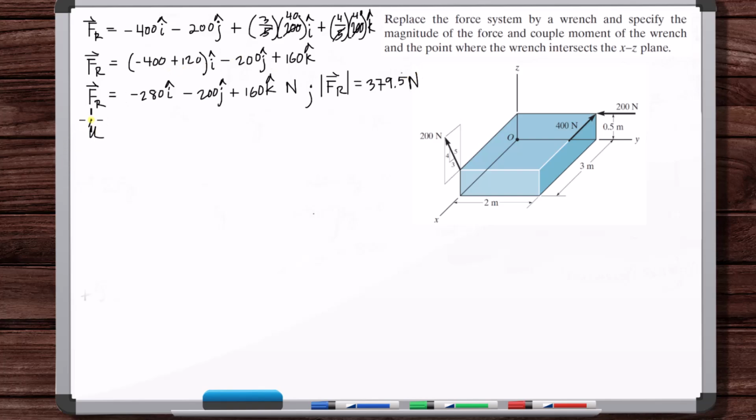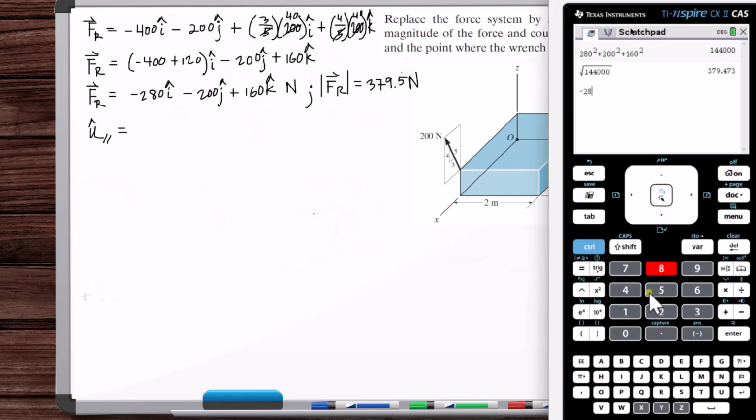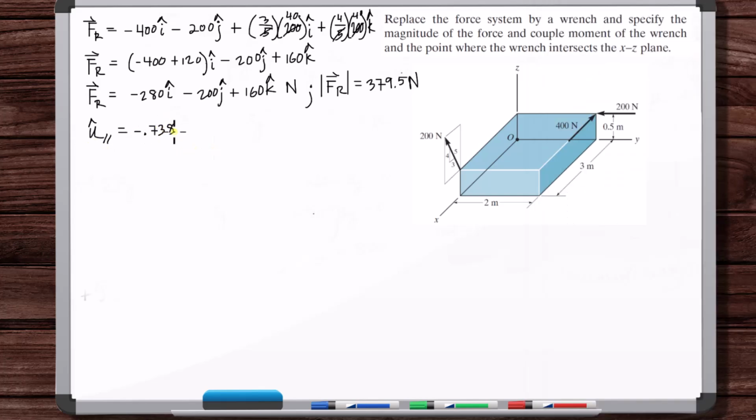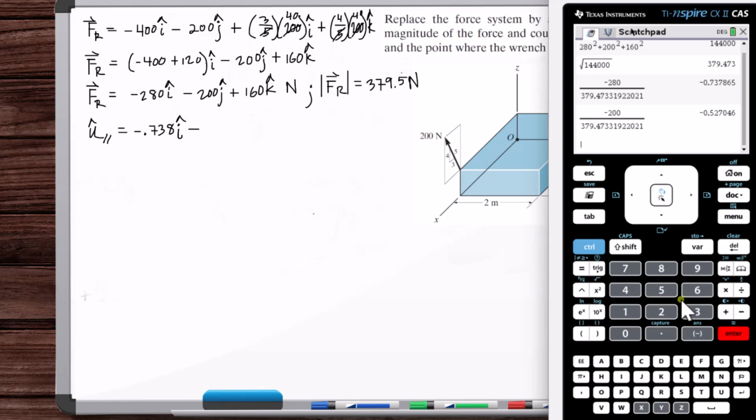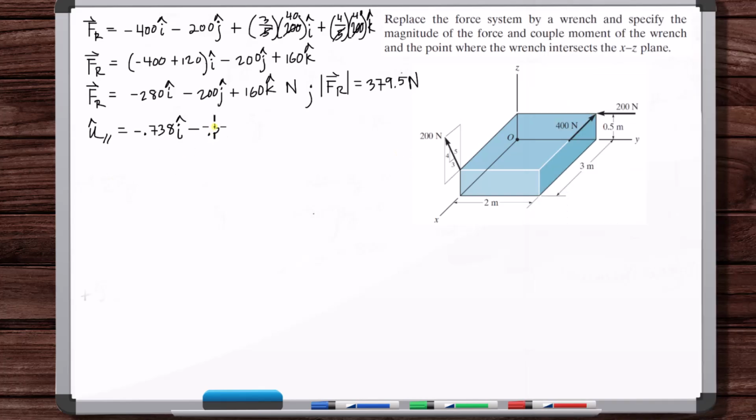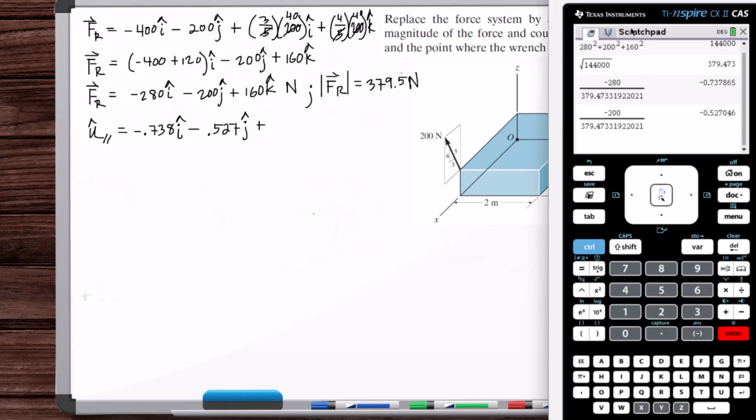So U hat, and we'll label this with a subscript for parallel, is minus 0.738 I hat minus 0.527 J hat plus 0.422 K hat.